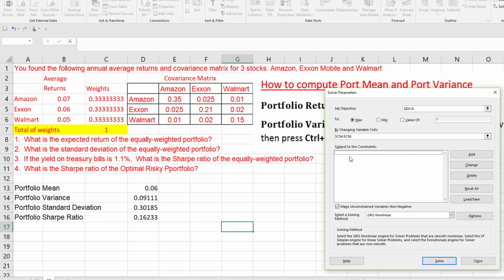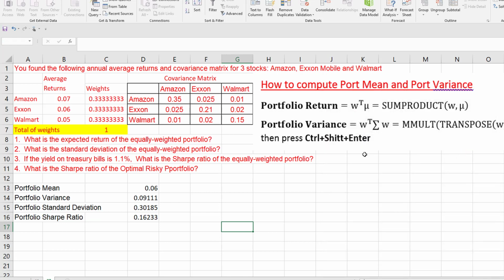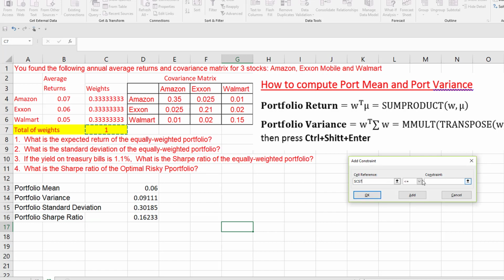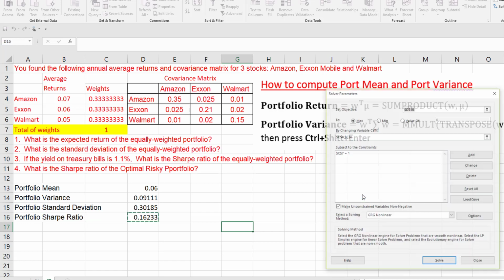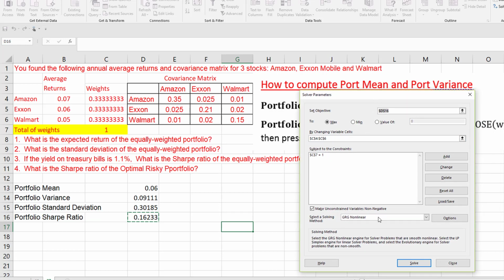And now we need a constraint. What constraint do we need? The sum of the weights should be equal to 1. Therefore, click add. Remember the sum we had earlier? This guy right here, C7, must be equal to 1. So, okay. Once you make this selection, you can click solve. But there's one more option, whether you want to check make unconstrained variables non-negative or not.